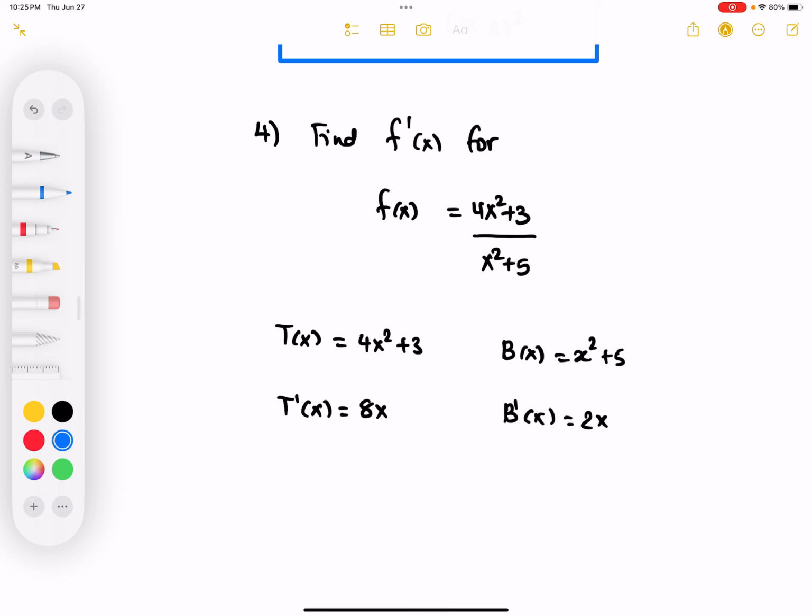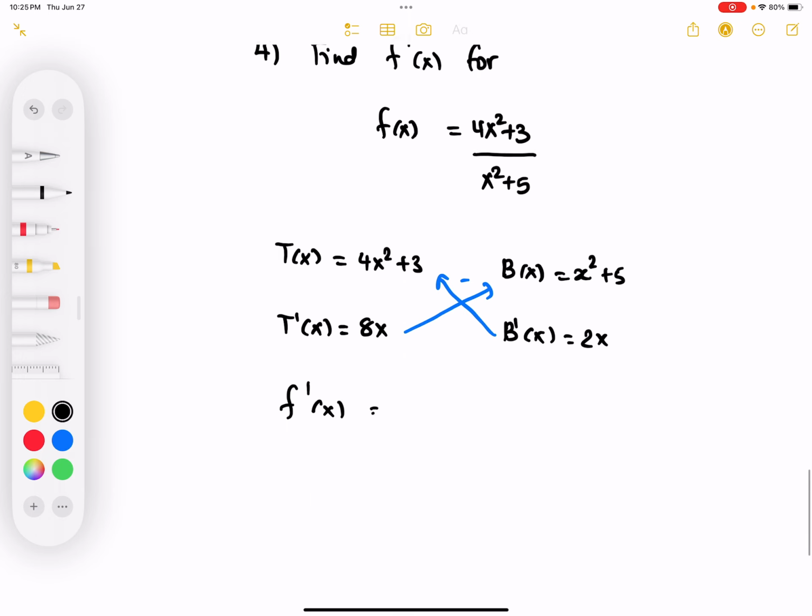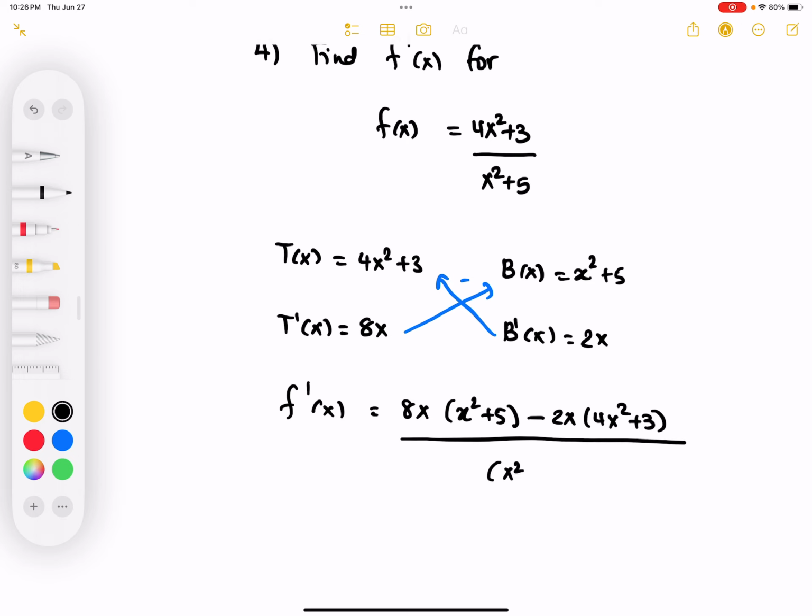Then this multiplied this one, this multiplied this one, in between minus. Therefore, the derivative of the function is now 8x multiplied by x squared plus 5 minus 2x multiplies 4x squared plus 3 and divided by x squared plus 5 the whole square.